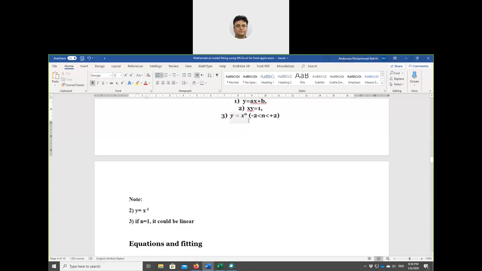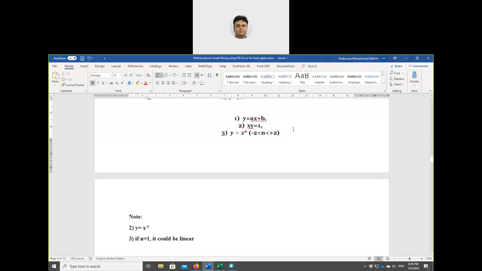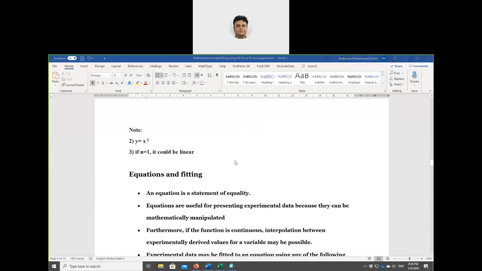It depends on n, what the power is, and n can be 1 because n is in the range. So make sure you are not confused about the linearity of the equation. Okay, Nihal, thank you for your response.